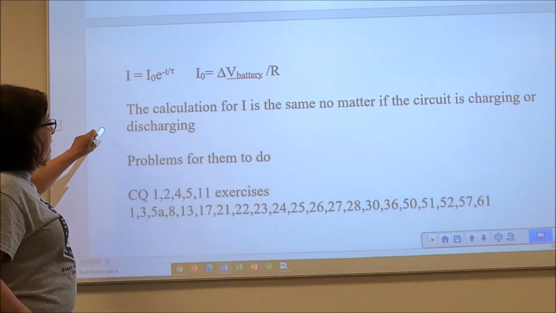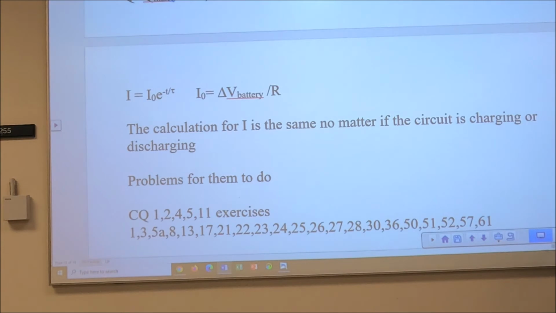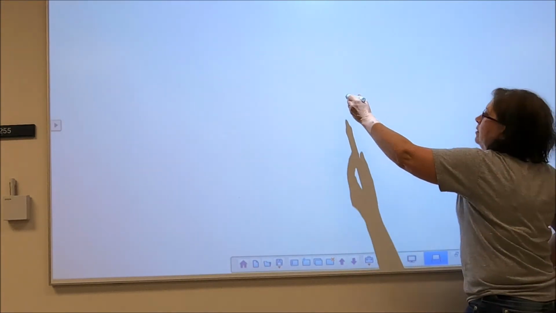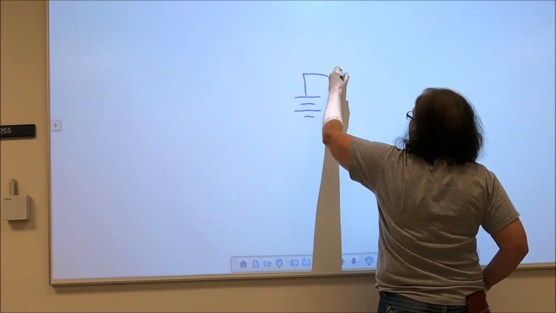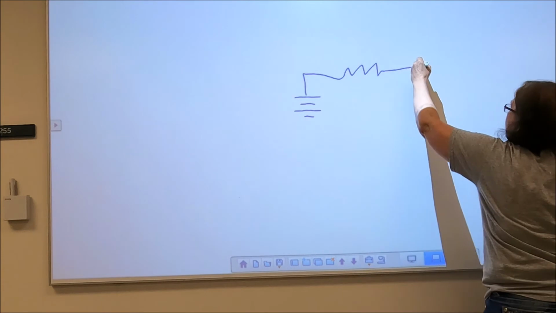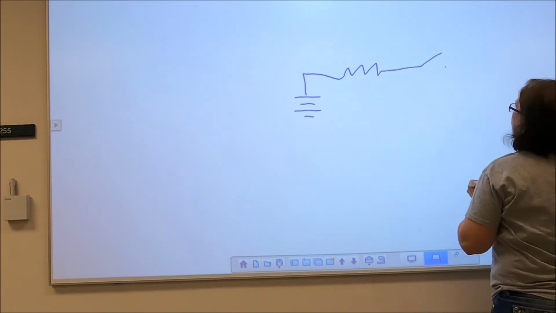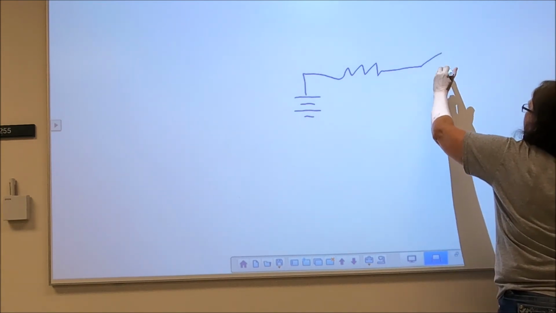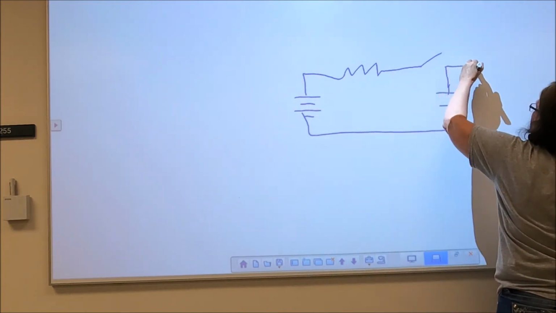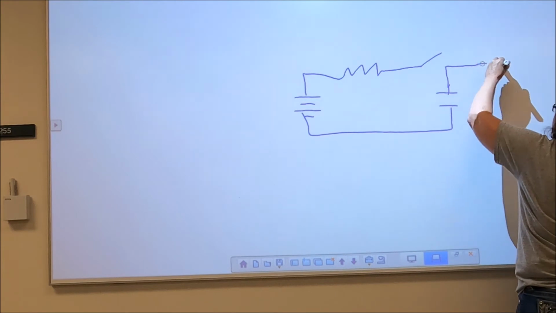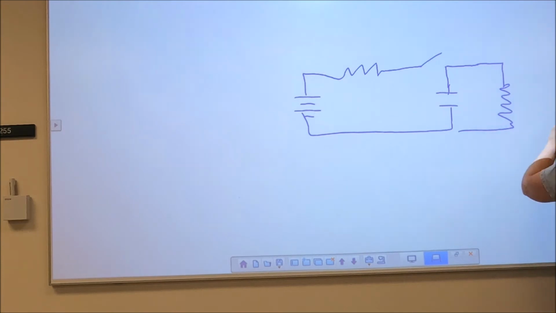Now, lots of times in an RC circuit, you're going to have a toggle. Let me erase this.